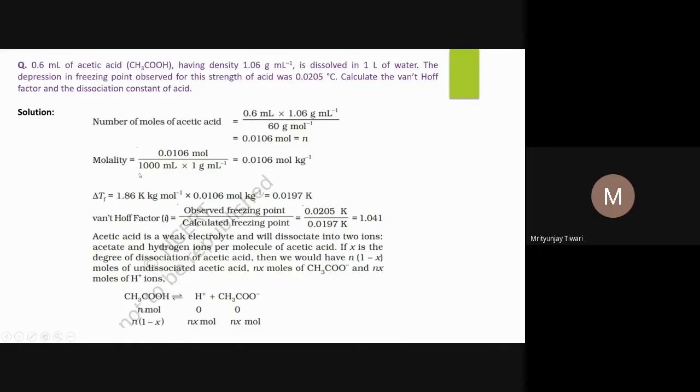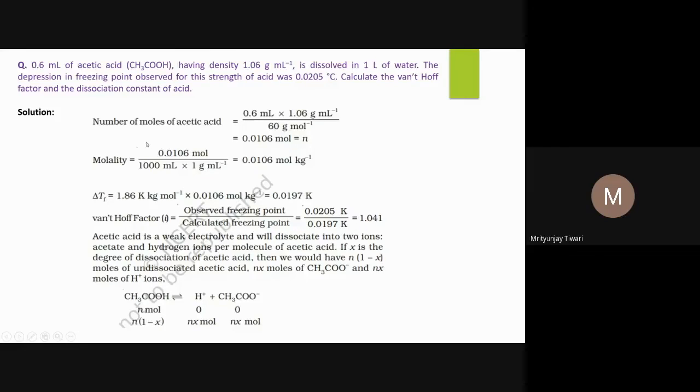So molality will be equal to the number of moles of the solute divided by the mass of the solvent in kilogram, and so the molality is 0.0106 mole per kilogram.